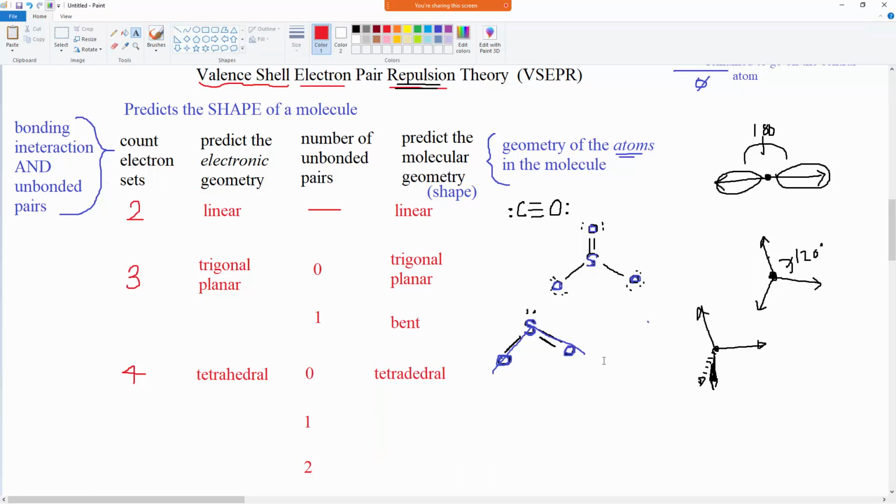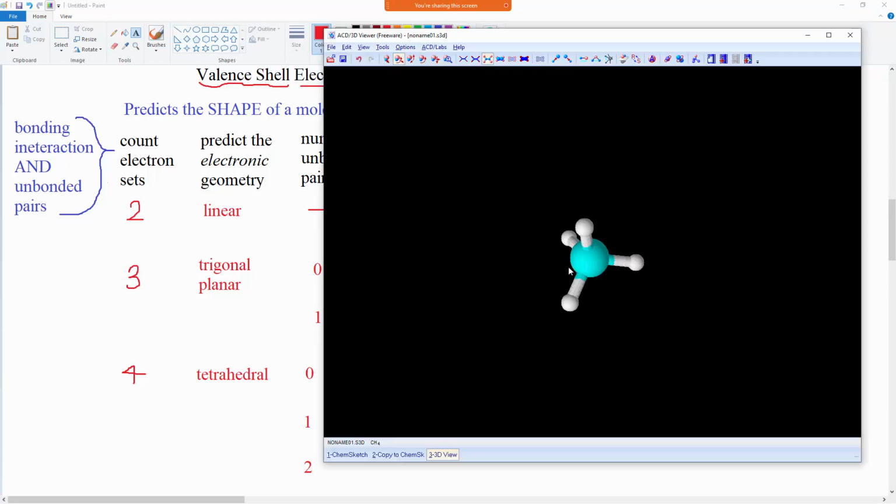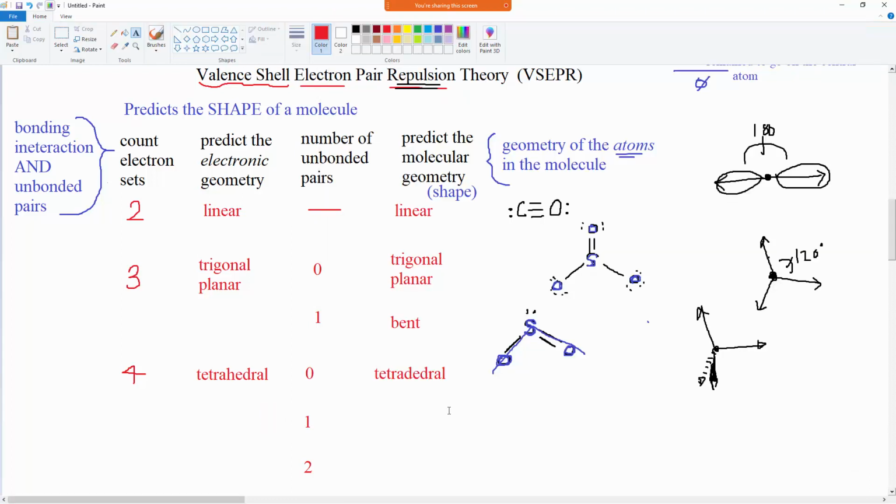And a good example of that was the CH4 molecule that I built here, right? We've got 1 carbon, 4 hydrogens. You can see the 4 bonding interactions counts as 4 electron sets. If I'm looking at just the electrons, and if I'm looking at the balls themselves, those atoms, then of course it's still the same tetrahedral shape. So that's the CH4. And I'll draw this over here.